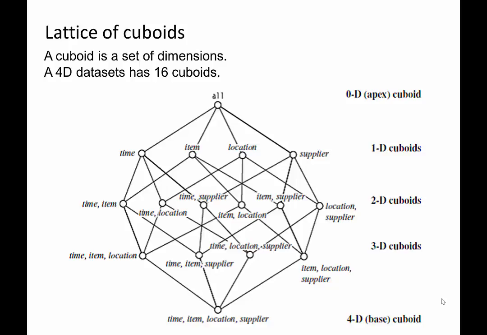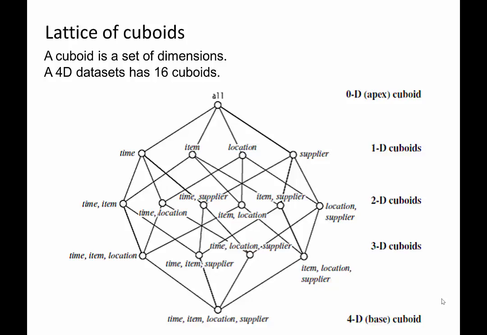That means, if we have 4 dimensions, there are 16 combinations of dimensions over which a user may want to query the data cube. Each combination of dimensions we call a cuboid. So our 4-dimensional data set has 16 potential cuboids in it.